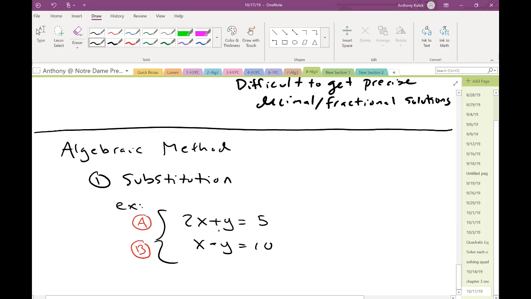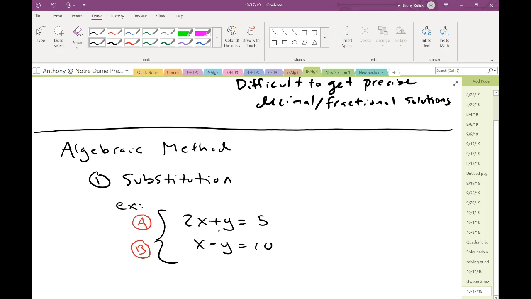So the idea with substitution, right now we have two equations that have two variables. I can't solve an equation that has two variables in it, right? There's no way to get a single answer from an equation with two variables like that. What I'm going to try to do is end up with one equation with one variable.